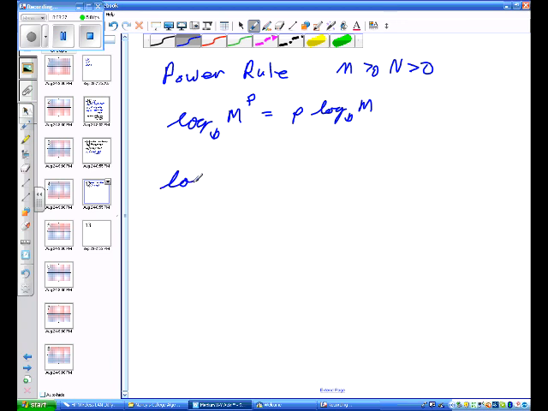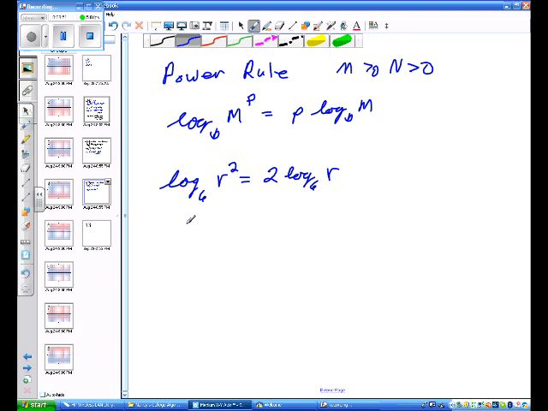So if we have log base 6 of r squared, then this would be equal to 2 log base 6 of r. It's equal to the power times the log. We try to never have this written as a product or to a power or as a quotient.